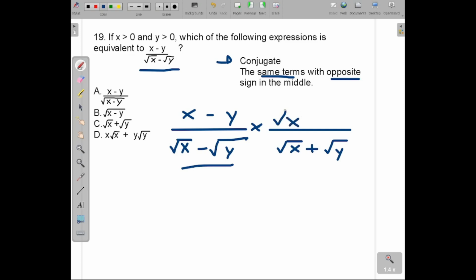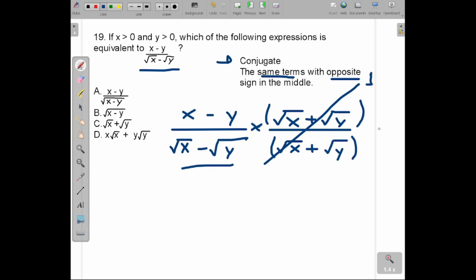Square root of x plus square root of y. And why? Because in the end, this square root of x plus square root of y divided by square root of x plus square root of y is the same, so it will become 1.